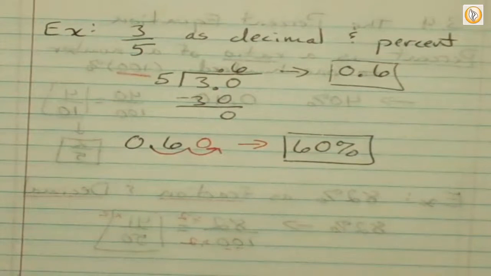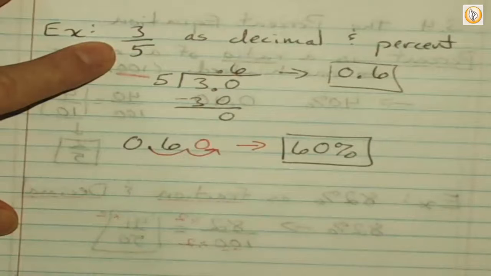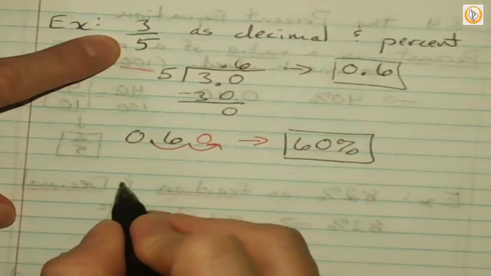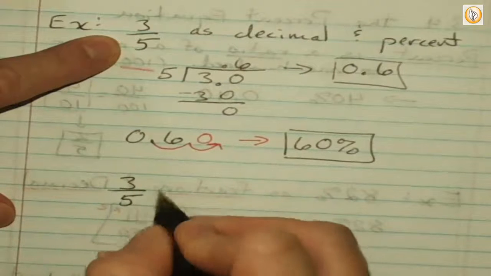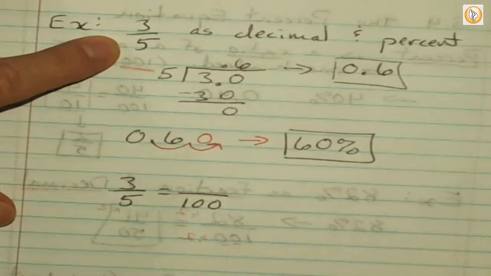60%. Now, you could also do it as, and it works sometimes, like with the last fraction that we just did. So Miranda, how many times can 5 go into 100?